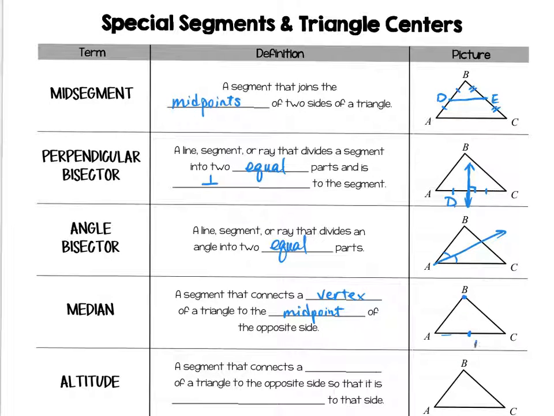Now I find the midpoint D on AC and connect the two points. I have BD, that segment. That's called the median. Very often this is a more challenging concept for some students because it's easier to overlook, and students sometimes make mistakes on this. So again, this is called the median right here.